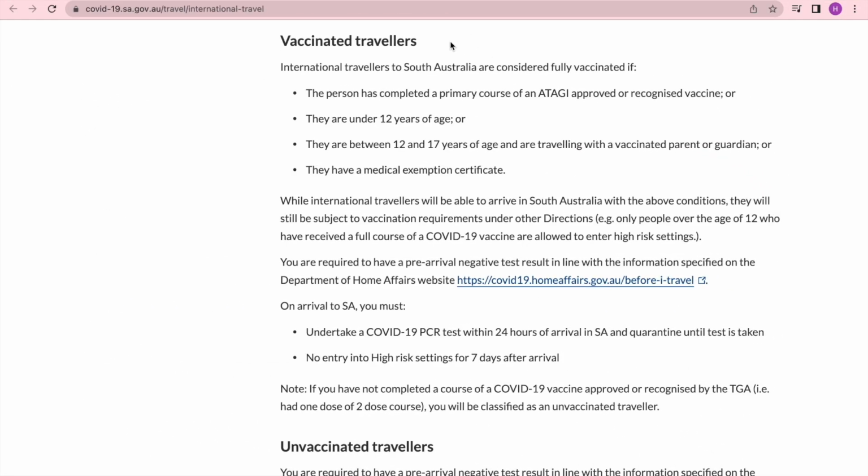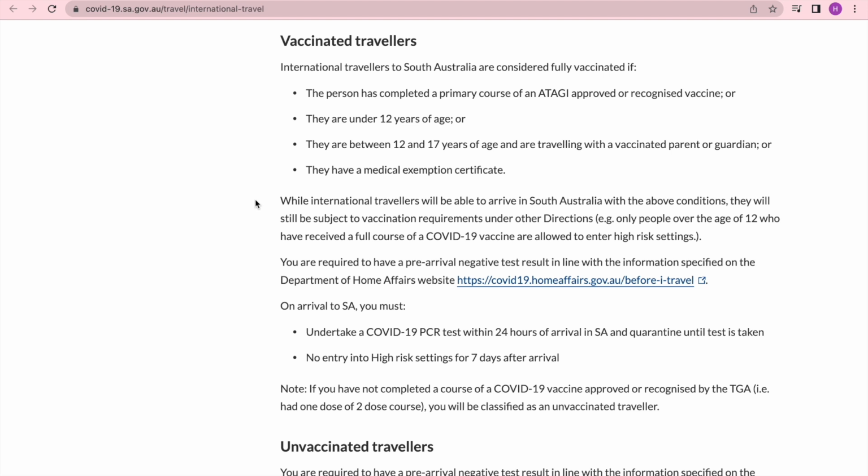Now, for vaccinated travellers. So international travellers to South Australia are considered fully vaccinated if the person has completed a primary course of an ATAGI approved or recognised vaccine, or they are under 12 years of age, or they are between 12 and 17 years of age and are travelling with a vaccinated parent or guardian, or they have a medical exemption certificate.